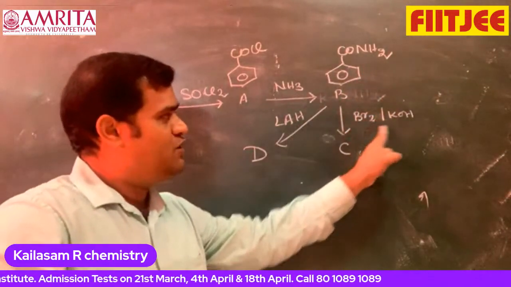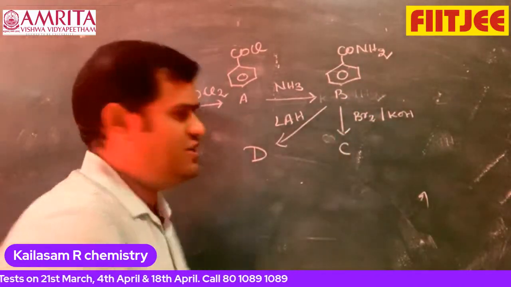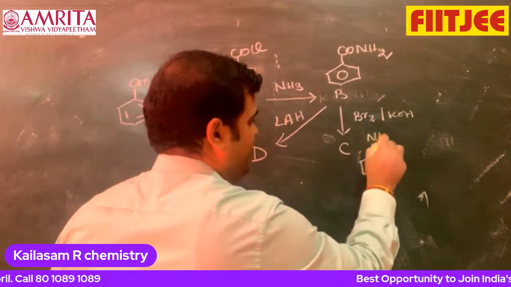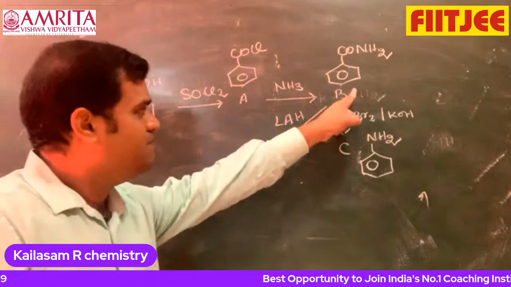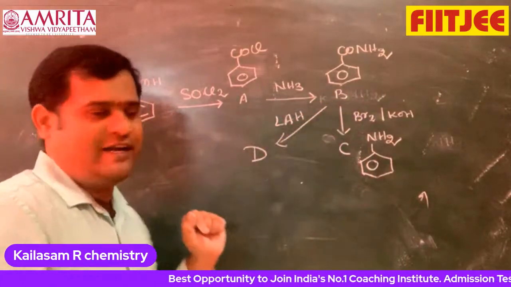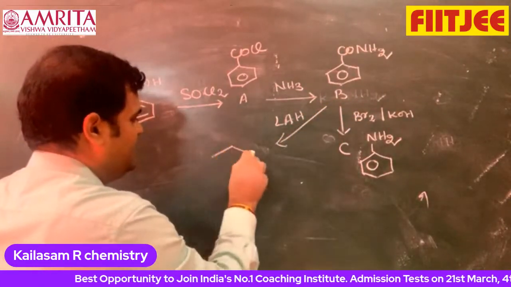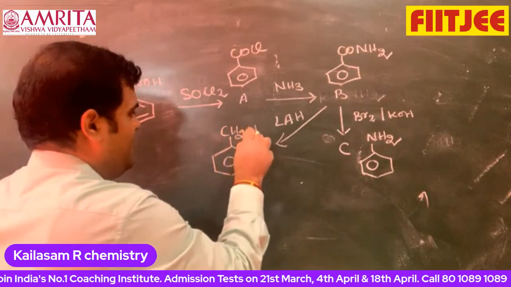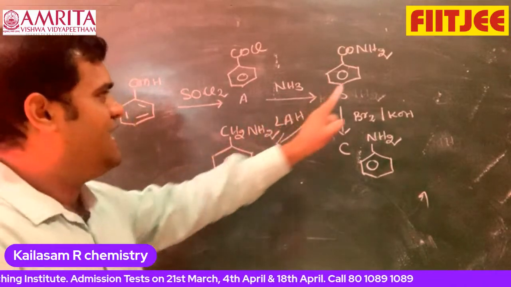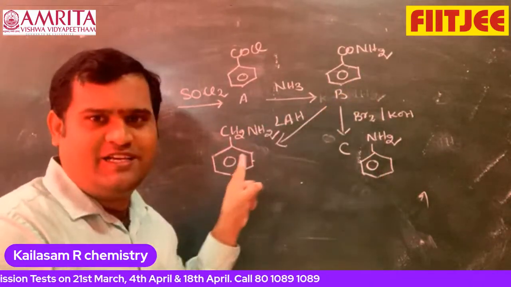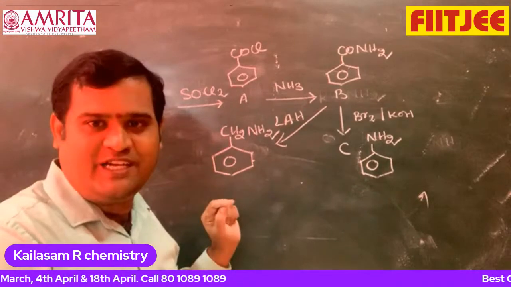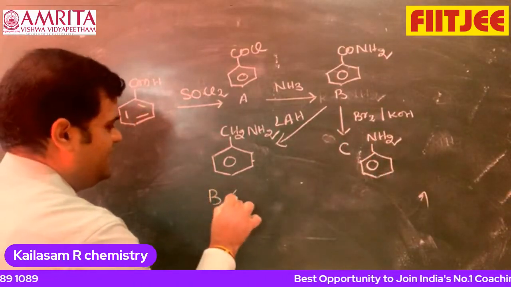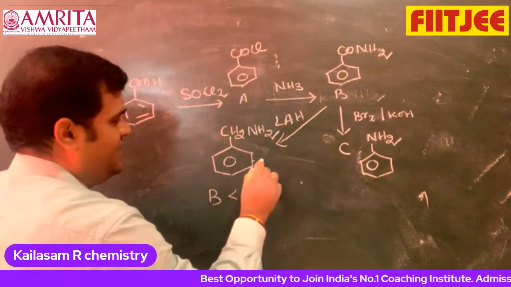The amide reacts, this is called the Hofmann bromamide reaction, and you may get aniline. And LAH, lithium aluminum hydride, reduces the amide to benzylamine. Aromatic amine is aniline, aliphatic amine is benzylamine, which is more basic. Therefore, in the order of basic nature, increasing order, A is the weak base, then the aromatic amine, then the aliphatic amine.